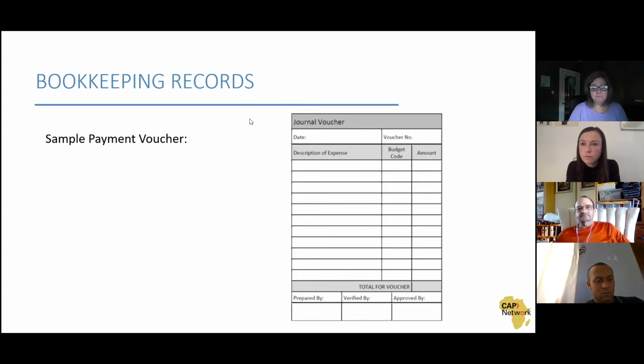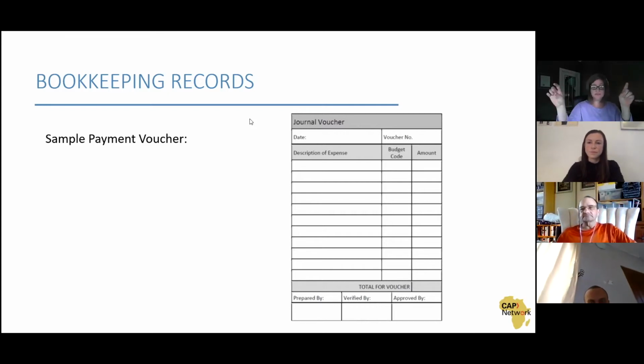So here in Canada, we are able to request reimbursement for some of the taxes that we pay if we are a charity. So in Canada, we would separate out the purchase amount and the tax amount, because we have to report on that separately to the government. So it depends in whichever country you're in.